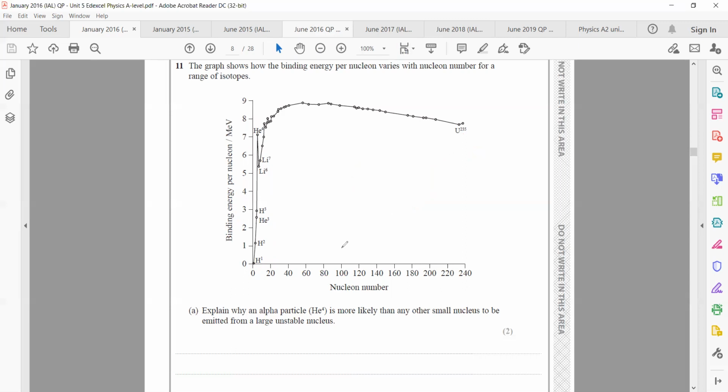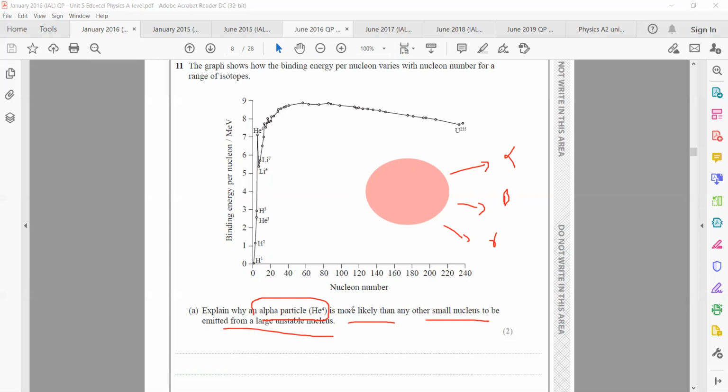Look, what happened, a radioactive element can emit alpha, beta and gamma. These are the radiations which it can emit. So now the question is, why is an alpha particle, He-4, more likely than other small nuclei to be emitted from the large unstable nucleus?